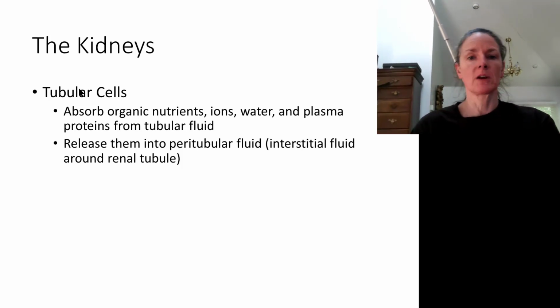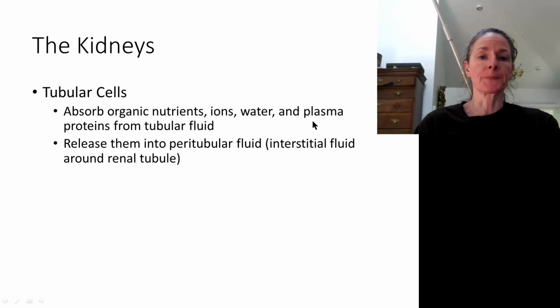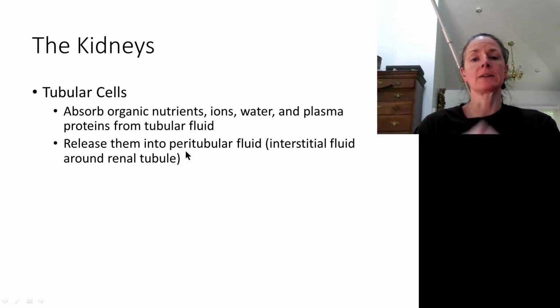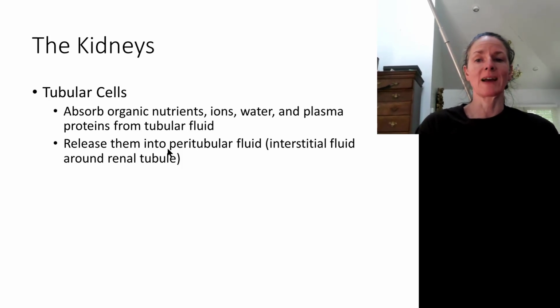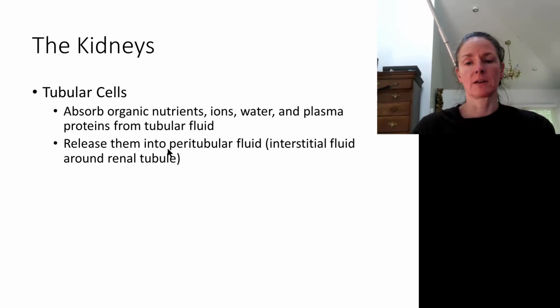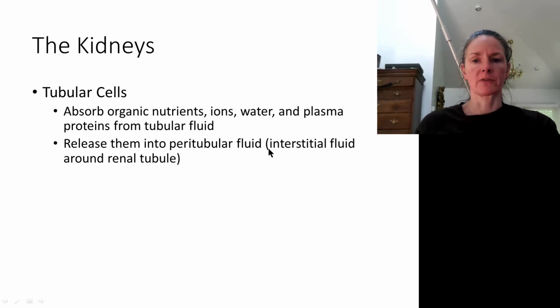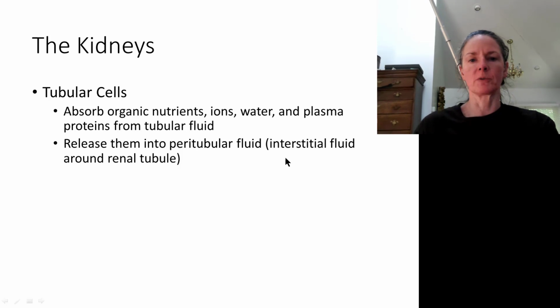We call these cells tubular cells because they reside within the kidney tubules. So, as we've said, they're going to absorb important things that we want to keep and release things that we don't want into the filtrate. It's going to absorb stuff we want to keep and release those things into the peritubular fluid, that is the interstitial fluid, which will then be picked back up by capillaries that are passing through it. So we'll have an exchange between the blood capillaries and the interstitial fluid as well.